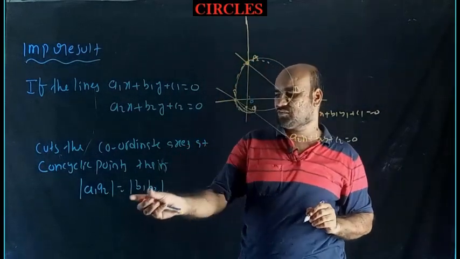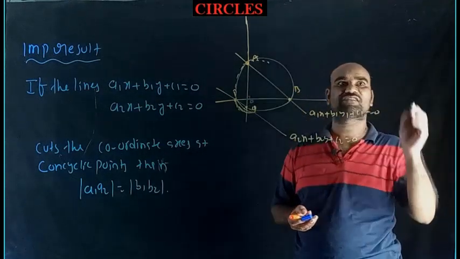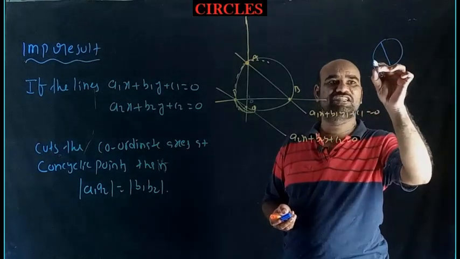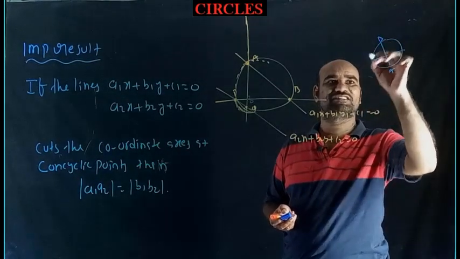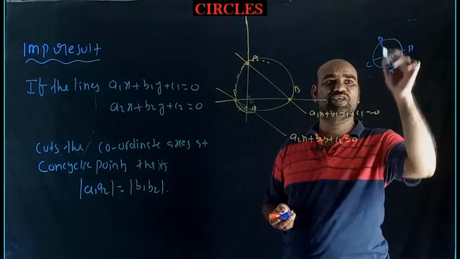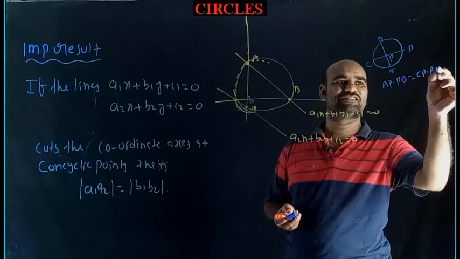Okay, now we want to establish the result. To establish the result, recall our previous concepts in circles. In a circle, if two chords intersect internally at P, then AP into PB equal to CP into PD.